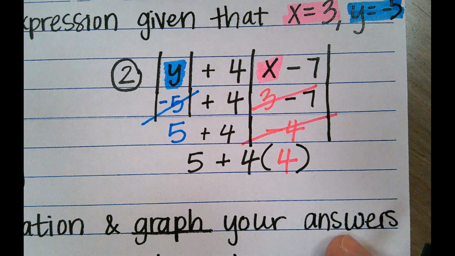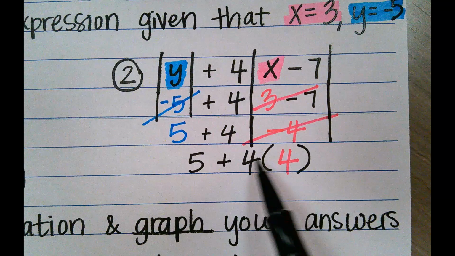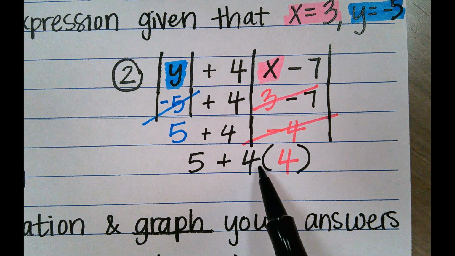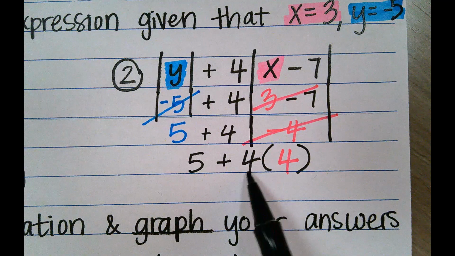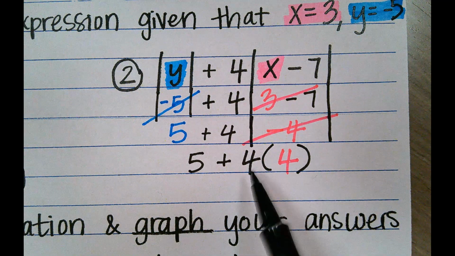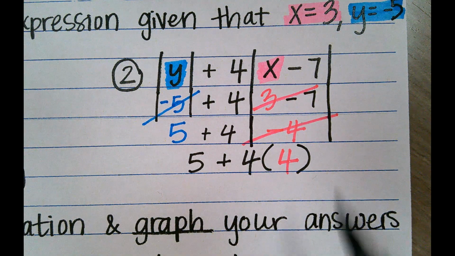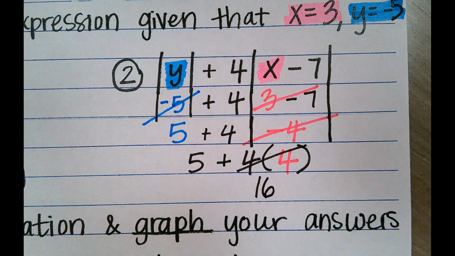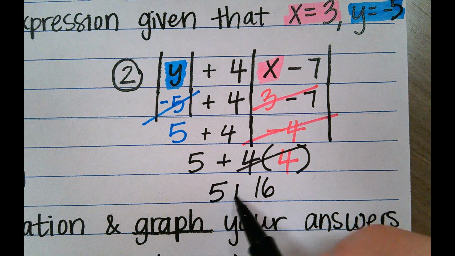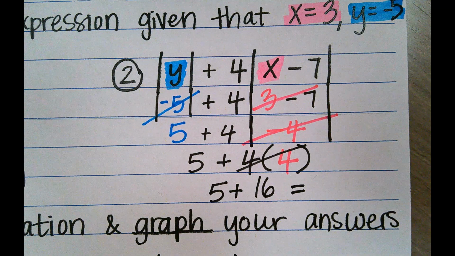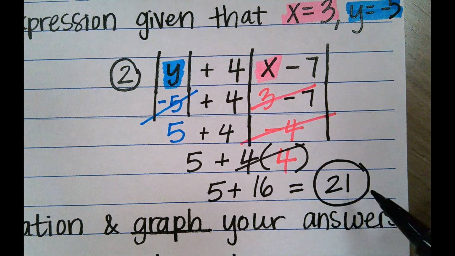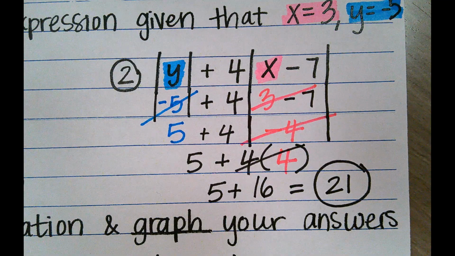We got rid of our grouping symbols. This is basically multiplication. There are no exponents. Multiplication comes before addition and subtraction. So we need to do 4 times 4 first, which is 16. Bring down 5 plus 16, and we get 21. Yes.